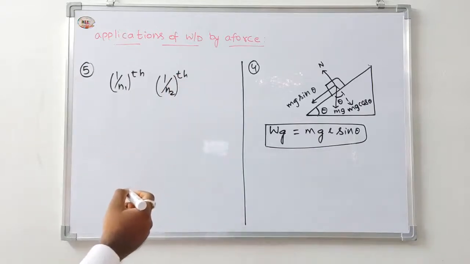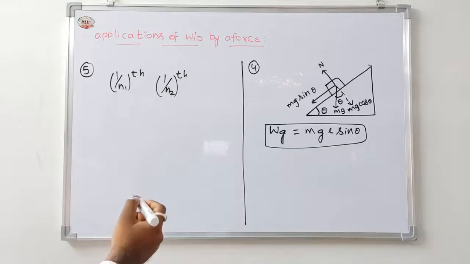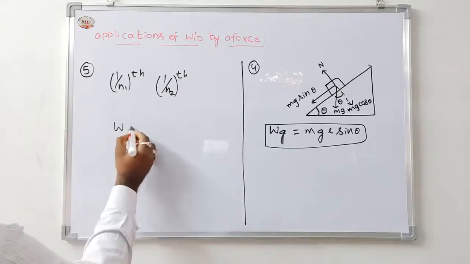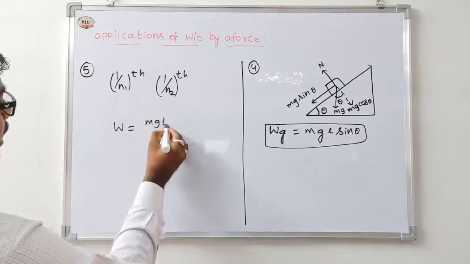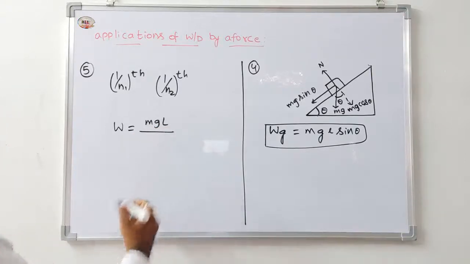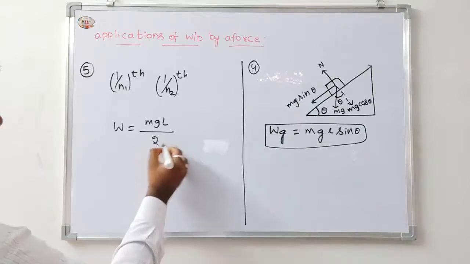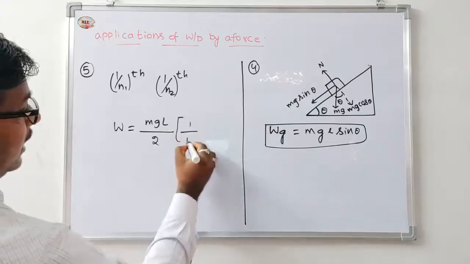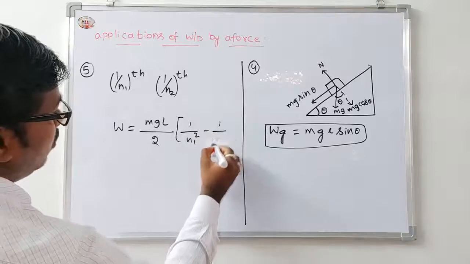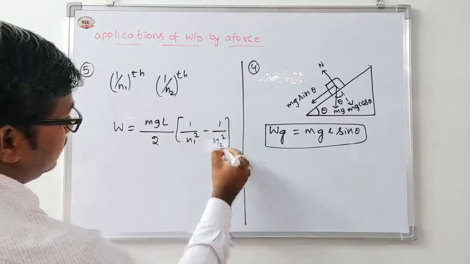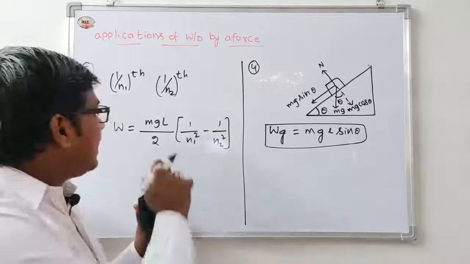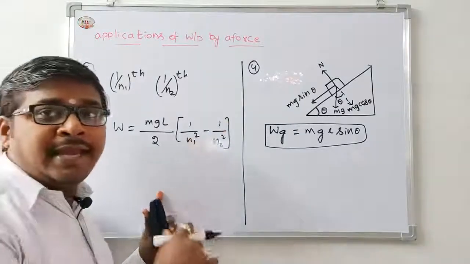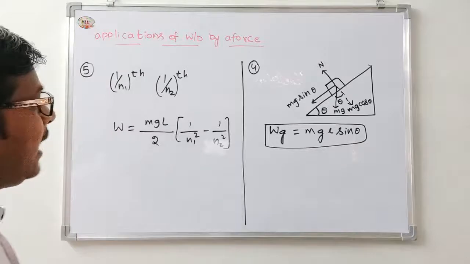part is hanging from the edge of the table is given by W is equal to mgl by 2 into (1 by n1 square minus 1 by n2 square).